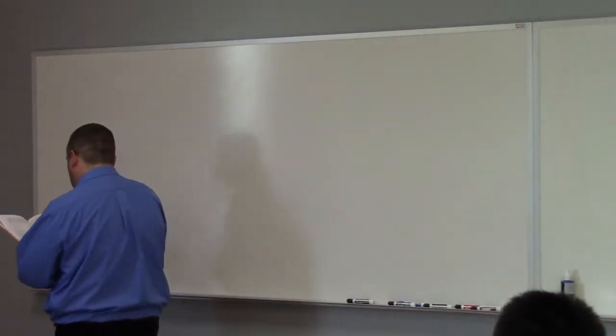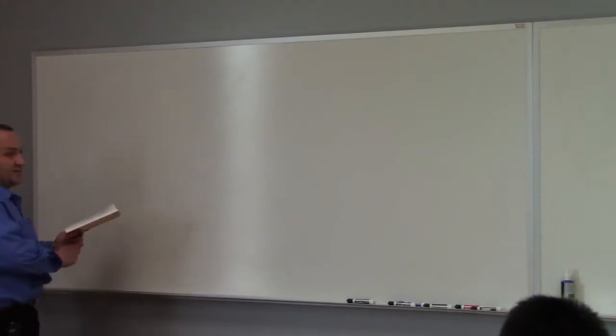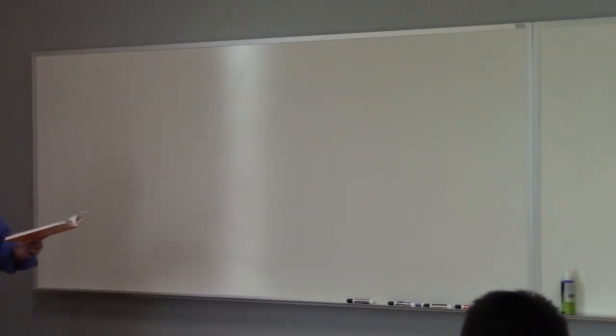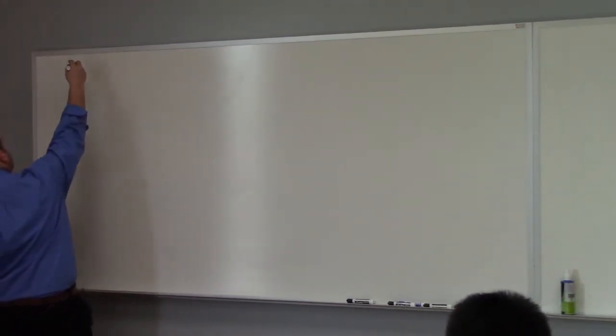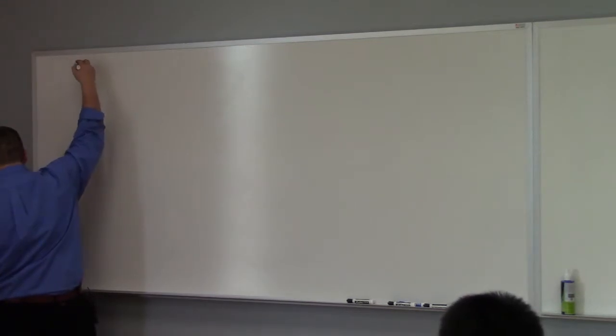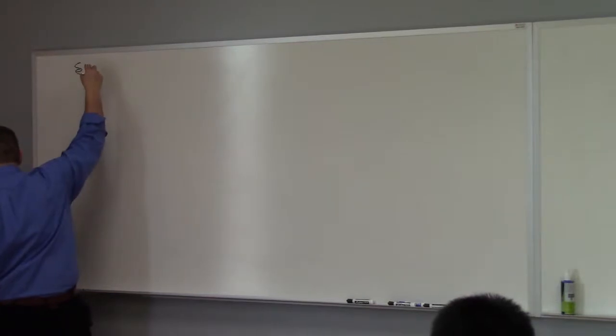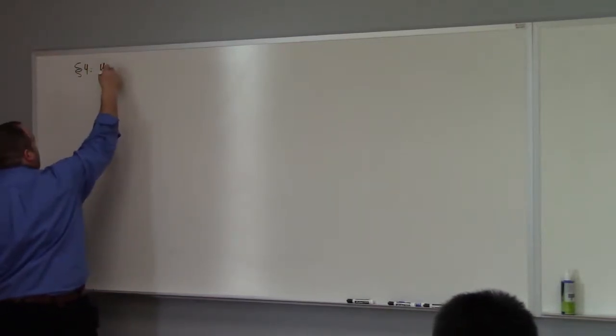So we have talked about quotient spaces a couple days now, right? And so I'm trying to apply it a little bit. This is section 4 on so-called homogeneous spaces.